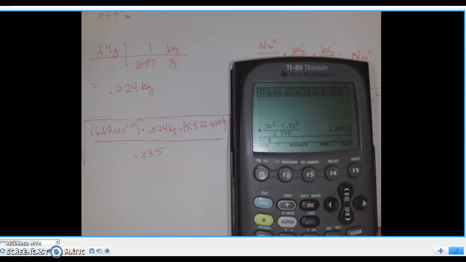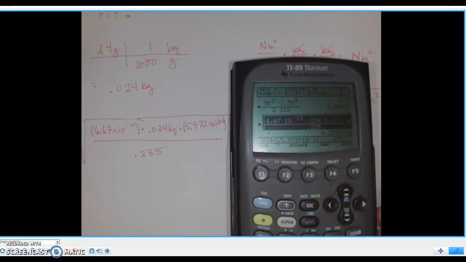Now, on the top of the fraction, we have a number in scientific notation multiplied by 0.024 multiplied by another number in scientific notation. Okay, that's the top of the fraction. Now I'm going to divide by what's on the bottom and then close the radical.